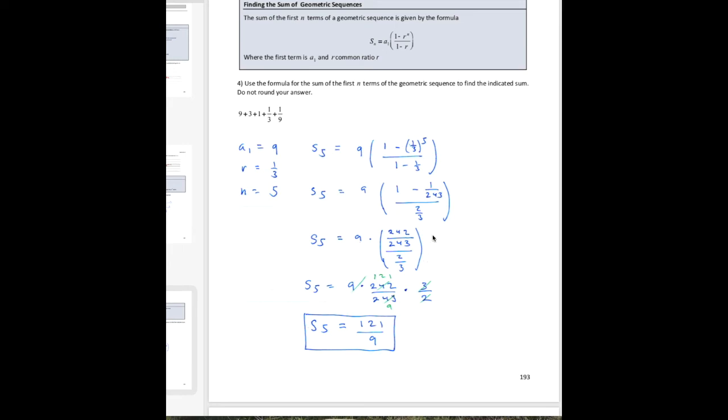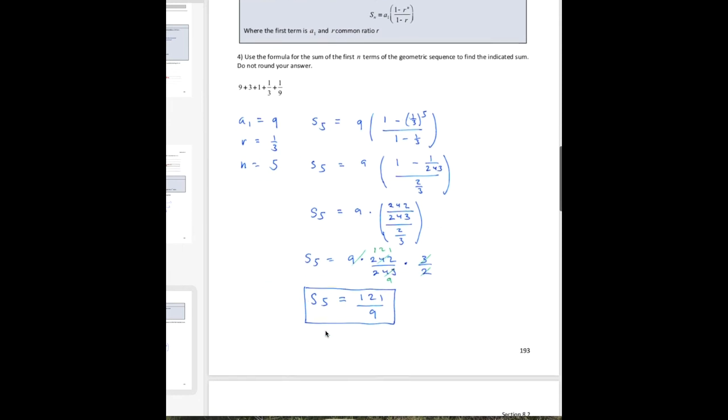If you think of that 2/3 coming up, remember we multiply by the reciprocal, so that's how I got that 3/2. So instead of writing it like this, I'm writing it side by side with the flip to do the multiplication. And then I did a lot of canceling. I think 2 went into that 242 121 times, and then 9 must have gone in there. Oh, there's actually 27 up top, so I think I did 27 into 243 would leave 9. So after a lot of reducing, there's my sum through the first 5 terms.